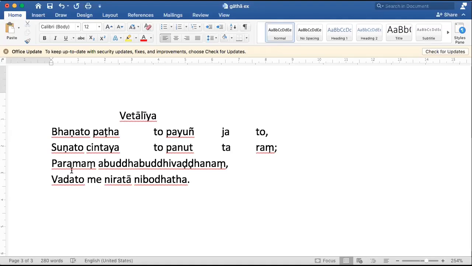The separation is paramang and a buddha. Paramang 4 moras, a 5, buddh 7. Should we do Sandhi here, Bhante? Parama Buddha, right? Yes.